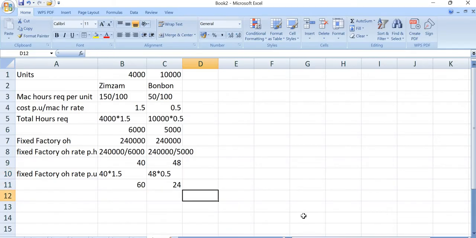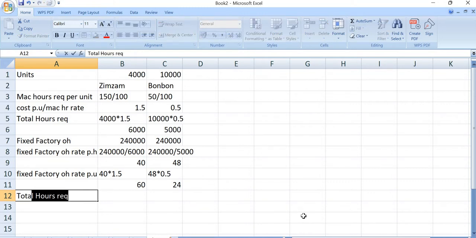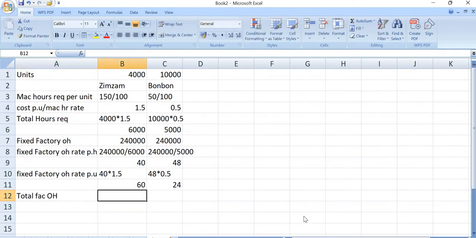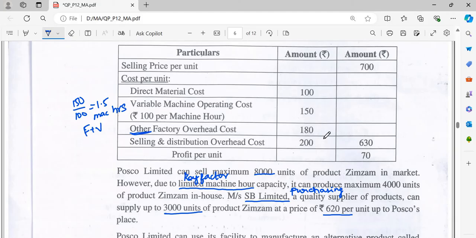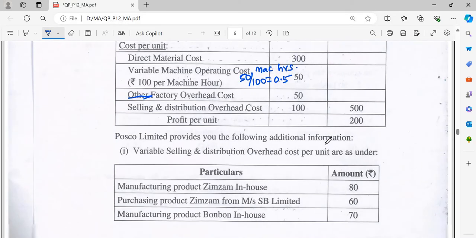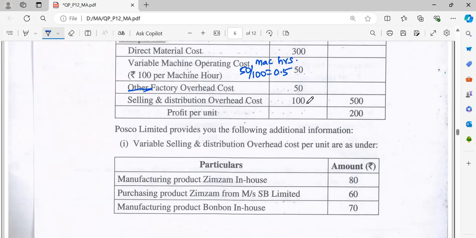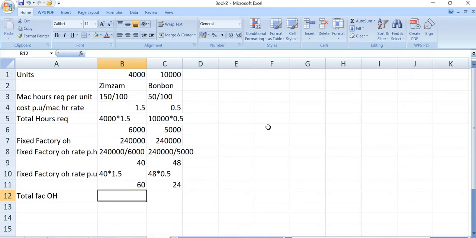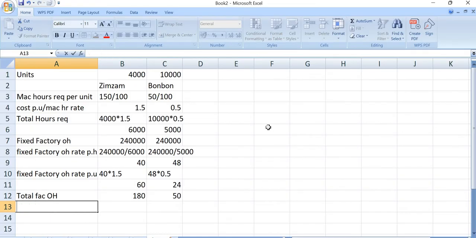So now we have fixed factory overheads. Now the total factory overheads are 180 for Zimzam and 50 for Bonbon. So what will be the variable factory overheads?